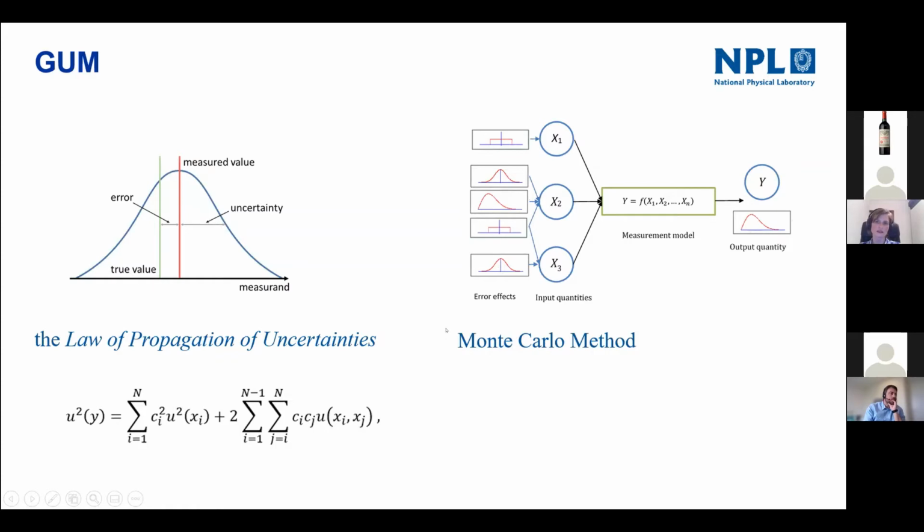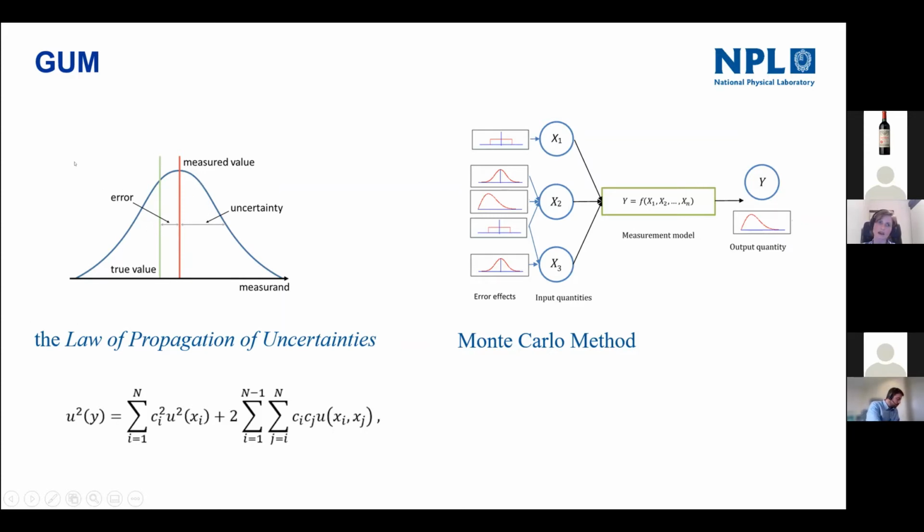And just a little bit about the GUM. Again, from the national measurements perspective, we know that basically each measurement will have some sort of uncertainty because none of them are perfect, and we never really know the true value of the measurement. So that uncertainty is defined as a non-negative parameter that describes the spread of the possible measurement values.